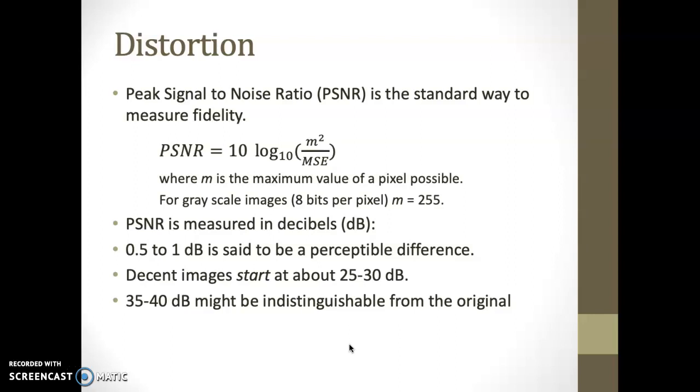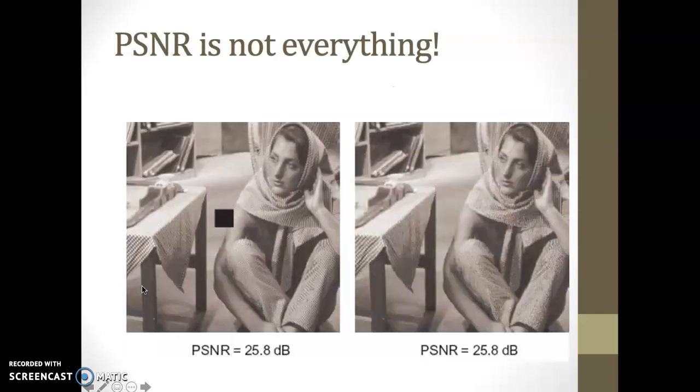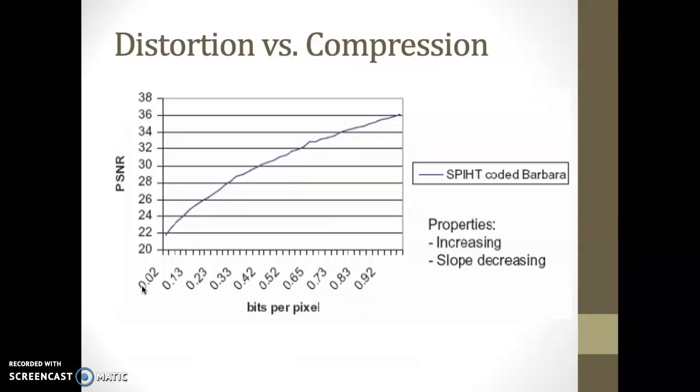After you get the MSE, you get the peak signal to noise ratio, PSNR. This is the standard way to measure the fidelity of the image. But PSNR is not everything, so you have to trade off between the distortion and the compression ratio, as shown here using SPIHT.